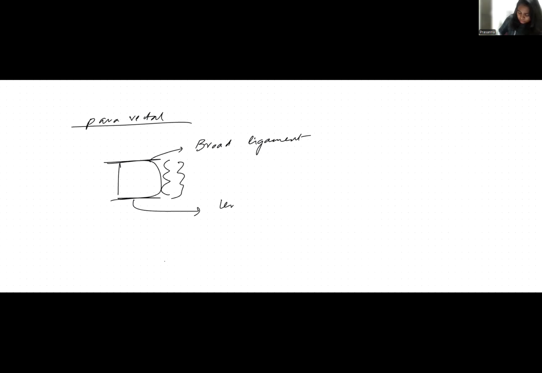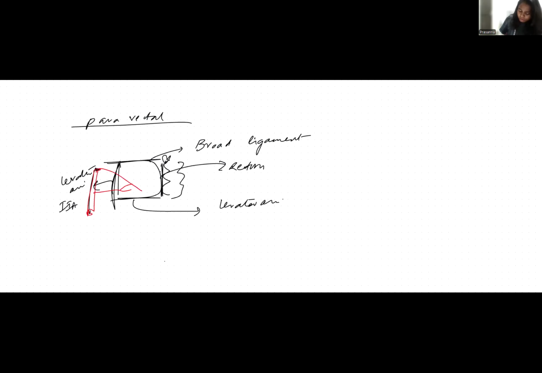Medially is the rectum. Laterally is the levator and also the internal iliac artery. There is an internal iliac artery like this, giving a branch which goes inside this.